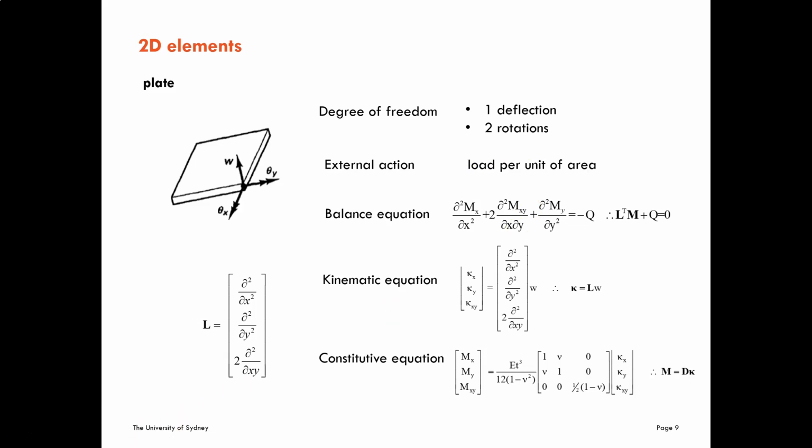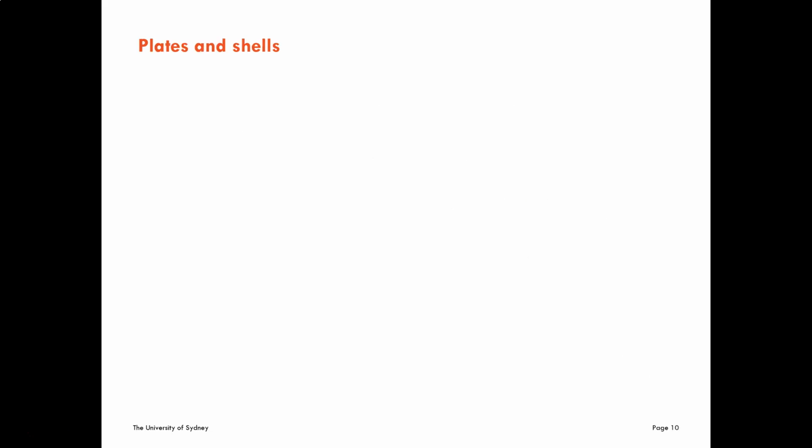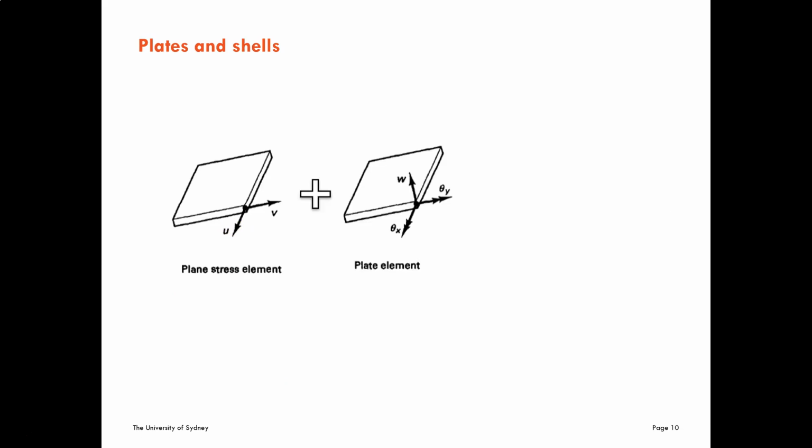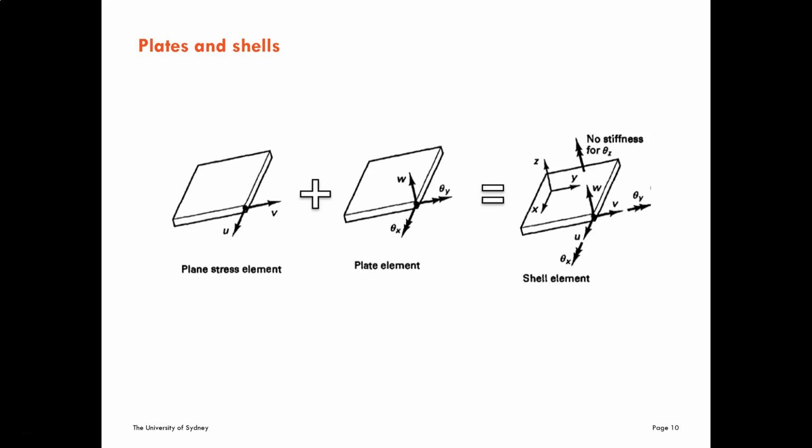Now we are going to mix these two-dimensional elements. So we have the plane stress element that has 2 degrees of freedom in each point, and we are going to combine it with the plate element that has 3 degrees of freedom in each point, the deflection and 2 bending rotations. If you combine these two, you get the shell element.